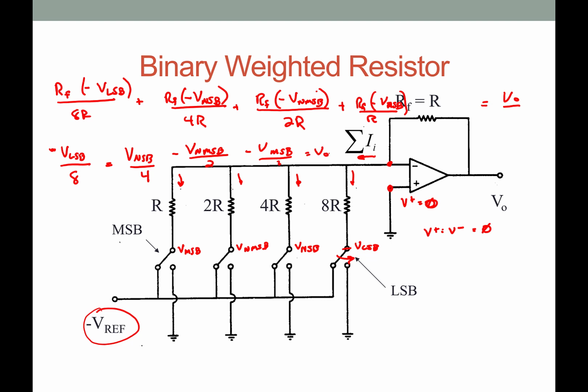So you can clearly see that the most significant bit is going to have that reference voltage. If that bit is set, that reference voltage is divided by 1.